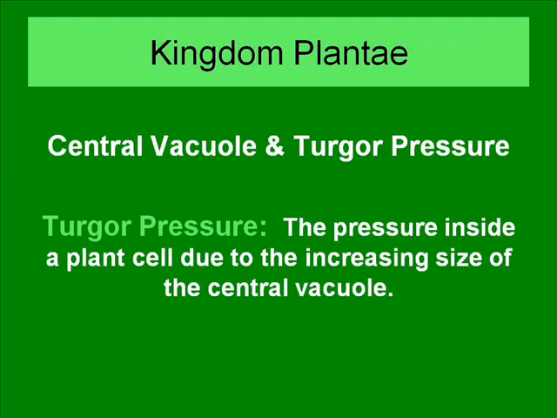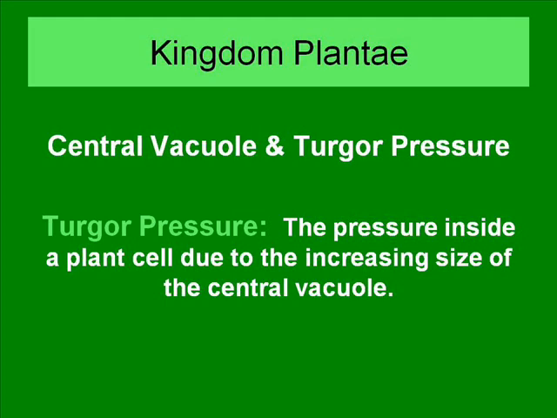In experiment 10.4, you learned about the central vacuole and turgor pressure. Turgor pressure is the pressure inside a plant cell due to the increasing size of a central vacuole. Think of the central vacuole as sort of a balloon. When that balloon, or central vacuole, gets filled with water, it expands.